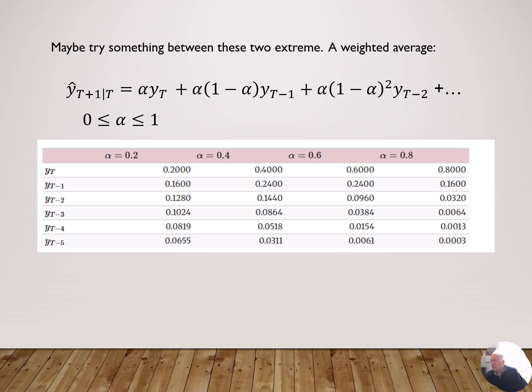And then we get 0.8 squared times 0.2, and so forth and so on. And if we use alpha equals 0.4, we get these weights as we go back in time. Notice that these weights are getting smaller as we go on.